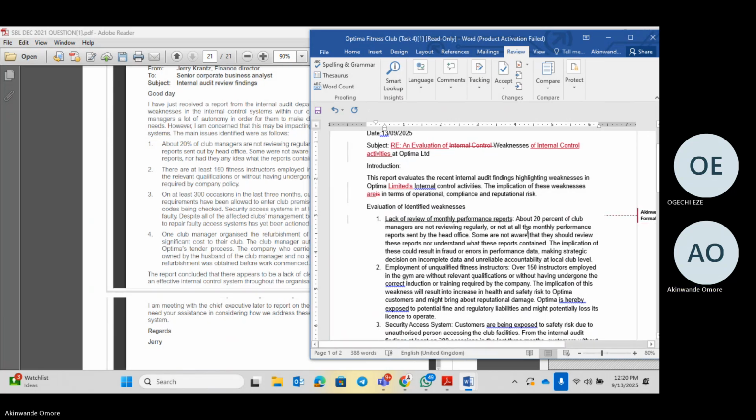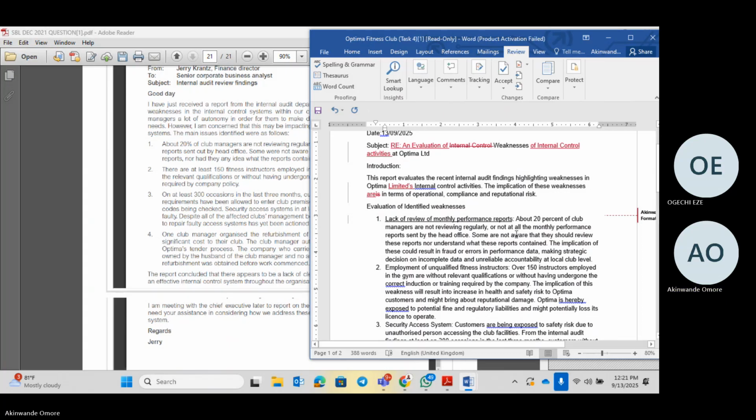Okay. About 20% of the club managers are not reviewing regularly. What are they reviewing regularly? The performance reports.